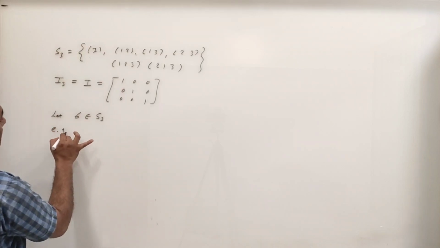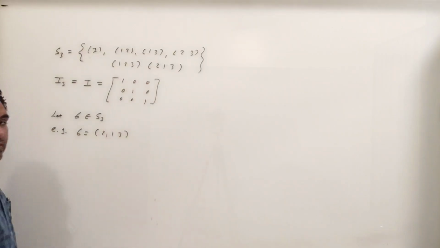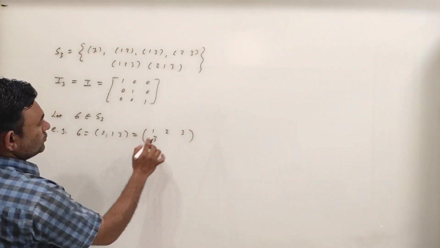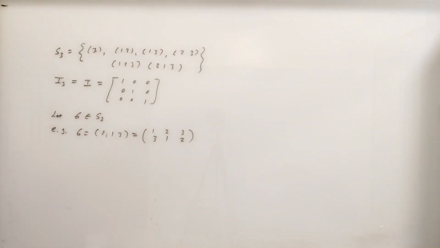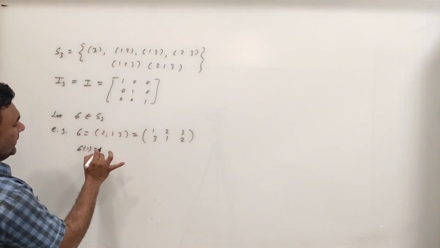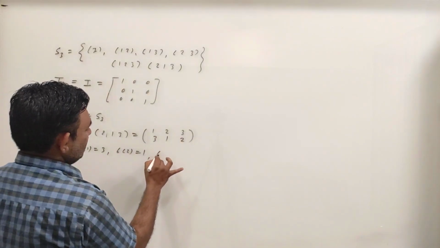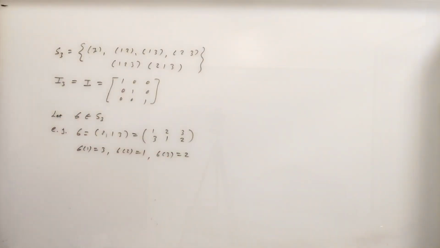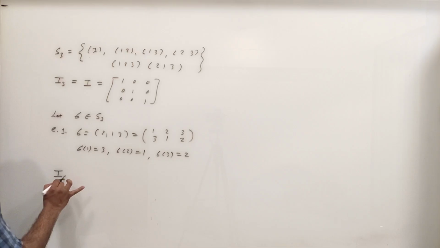For example, say sigma is equal to 2 1 3. It means 1 goes to 3, 2 goes to 1, and 3 goes to 2. So sigma 1 is 3, sigma 2 is 1, and sigma 3 is 2, right? Now I consider I sigma.